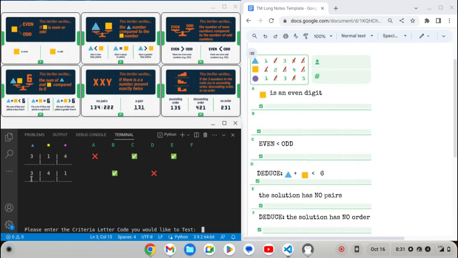Since my value for triangle is 3 and my square value is 4, yes, triangle 3 is less than 4, so it's true that triangle should be less than square. So let's go ahead and type that up, and then we'll see what we can cancel. So triangle should be less than square.